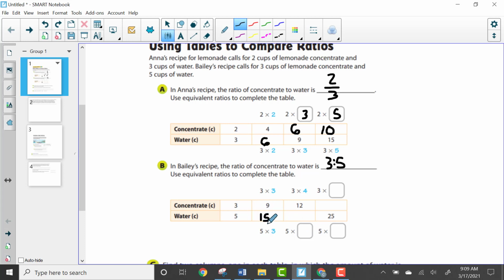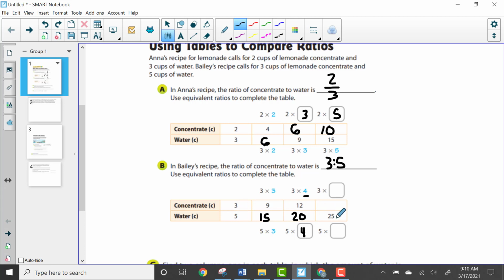So the next one, we need to look at that original ratio, 3 to 5. What happened to 3 in order to get it to 12? We multiplied by 4. And so what do we need to do to our 5? We have to multiply by 4, and that's going to give us 20. So we'll just put 5 times 4 right there. So the water, what we have here is 3 to 5.